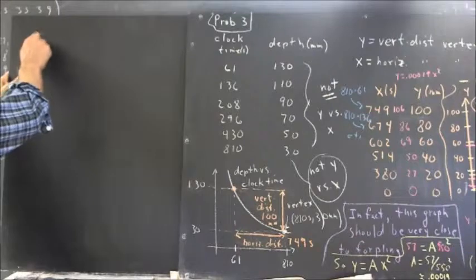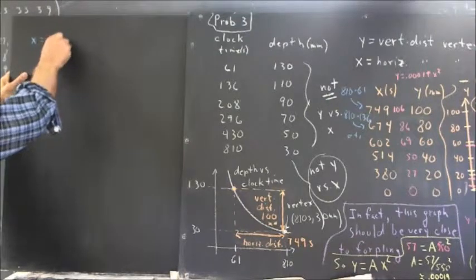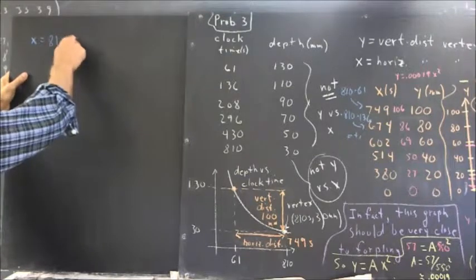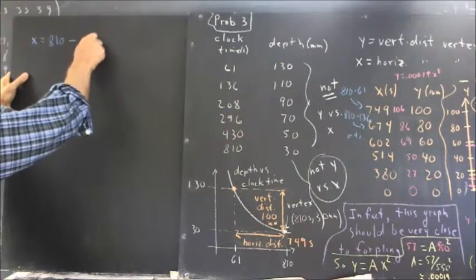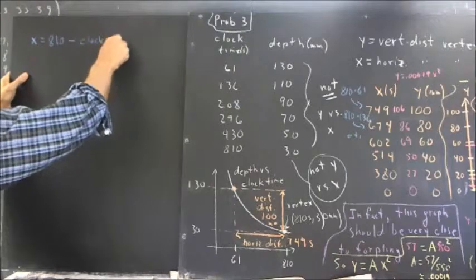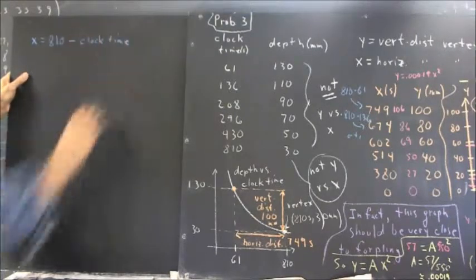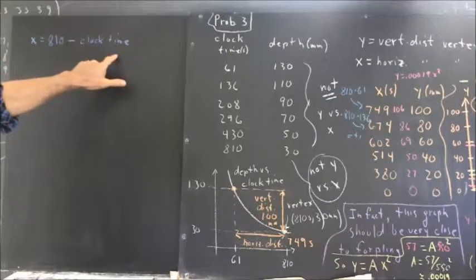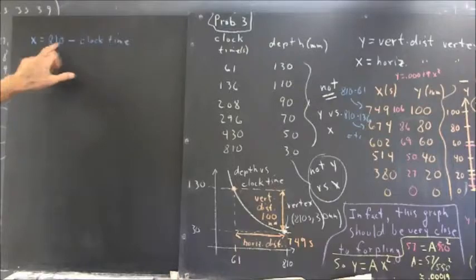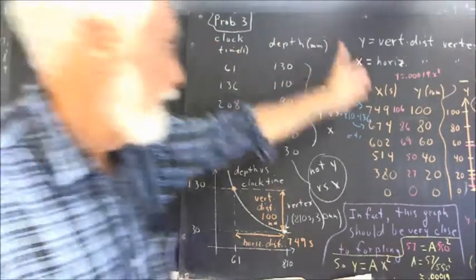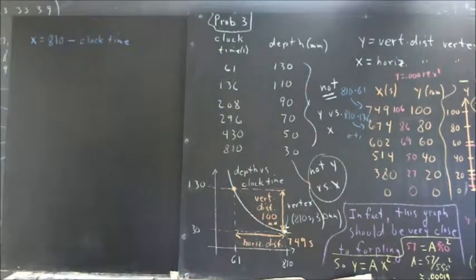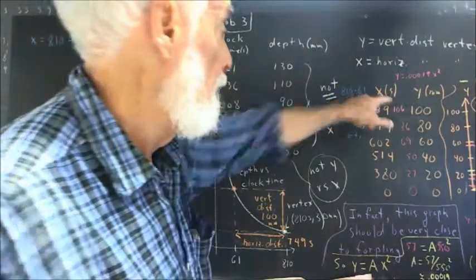So x is 810 seconds minus clock time, and I'm going to suppress the seconds right now, but I'll reinsert them shortly. Okay, so the numerical value of x is 810 minus clock time, and all our clock times are in seconds, as indicated on these tables.